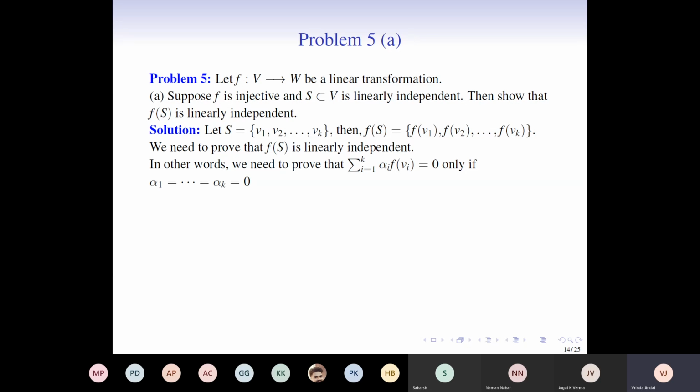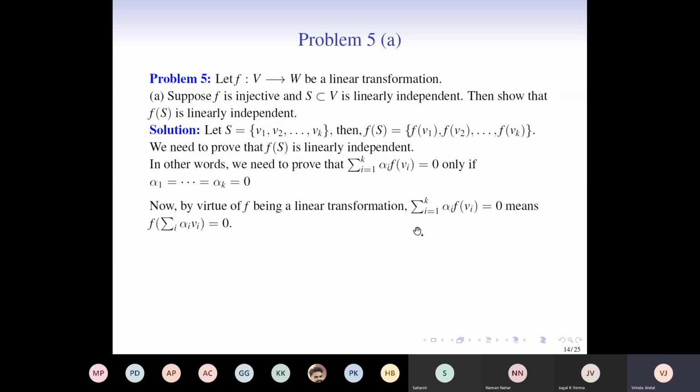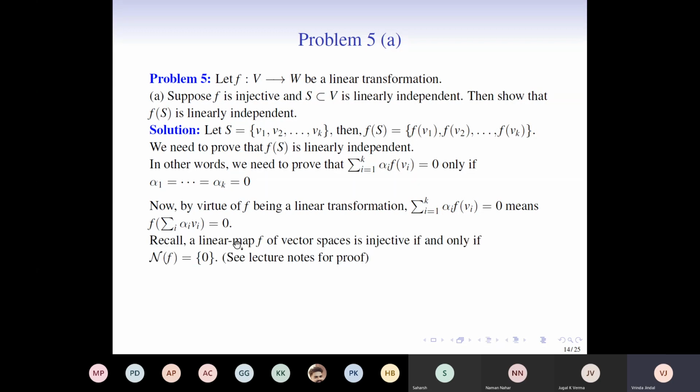This is the definition of linear independence. Now, by virtue of f being a linear transformation, the summation is taken inside along with these alphas. So this simply means f of the summation of alpha_i vi, and this being 0 means that summation being 0.